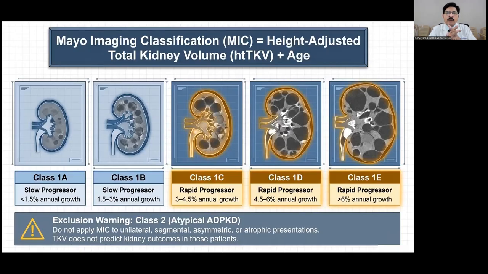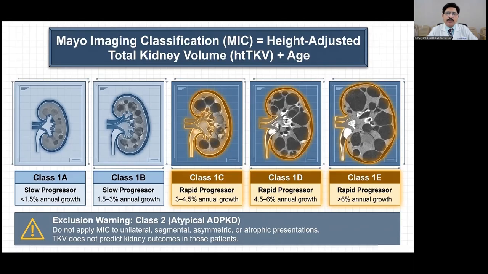According to the height adjusted total kidney volume plus age, this is called the Mayo Imaging Classification, MIC. 1A, 1B, 1C, 1D, 1E. 1A, slow progressor. 1B also slow progressor. 1C, rapid progressor. 1D, even more rapid. 1E is more than 6% increase in the growth of the kidney per year.